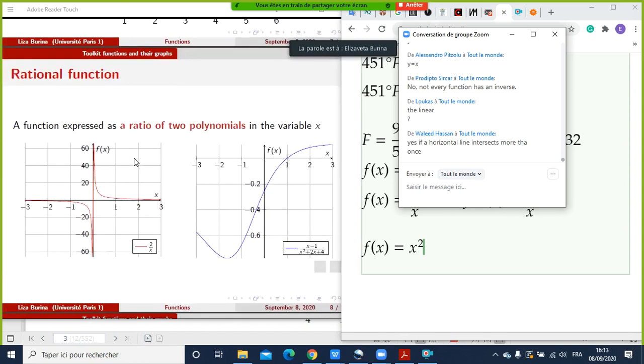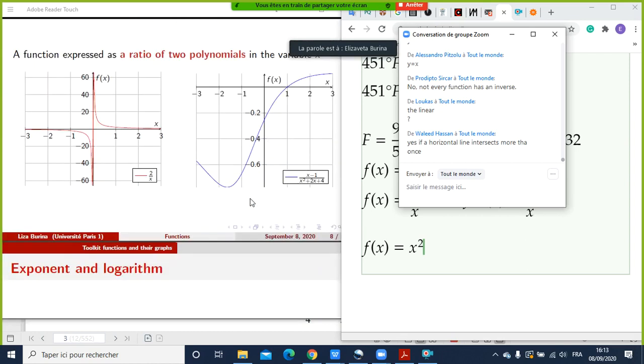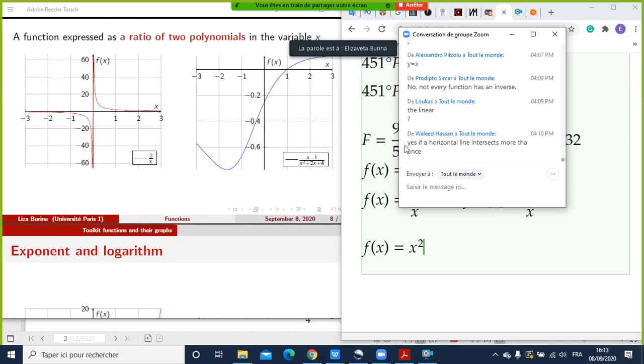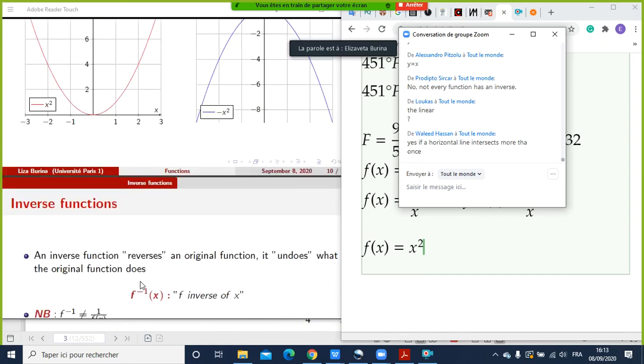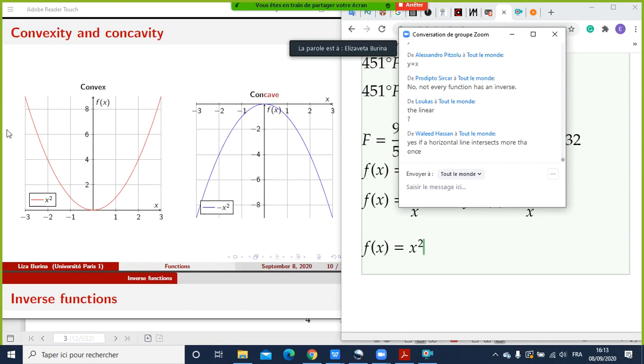And this is a nice, easy explanation that Walid provided us: a horizontal line intersects more than once. Imagine you put a horizontal line at the level of 6, for example. How many times does it intersect the graph? Twice.